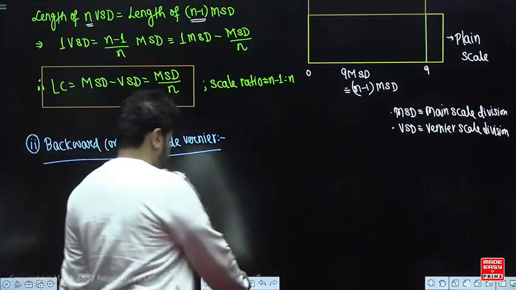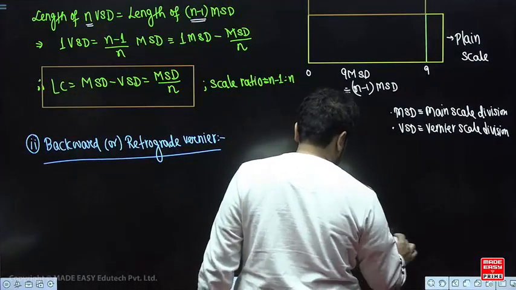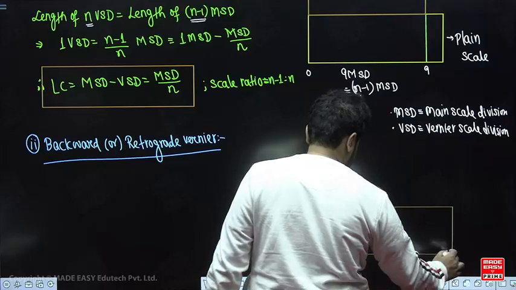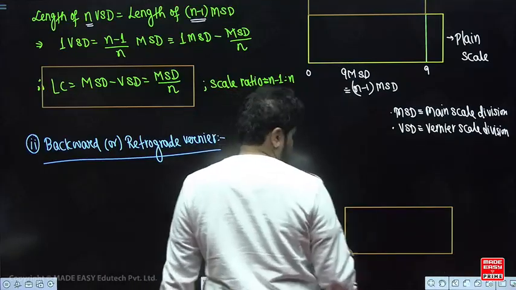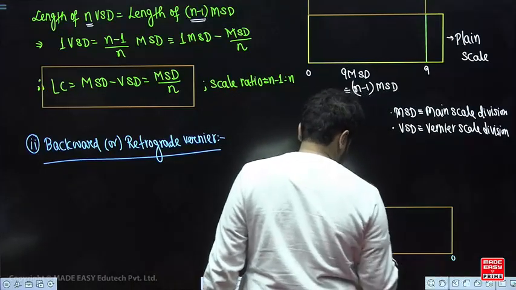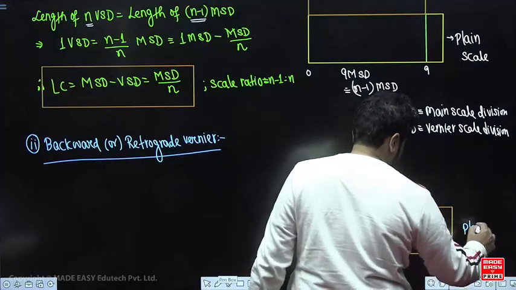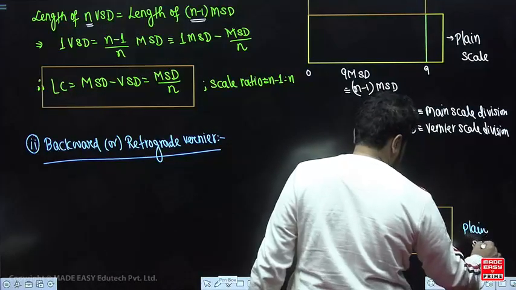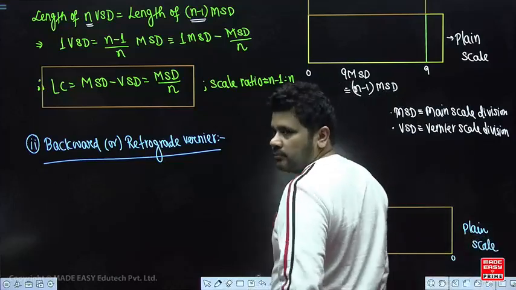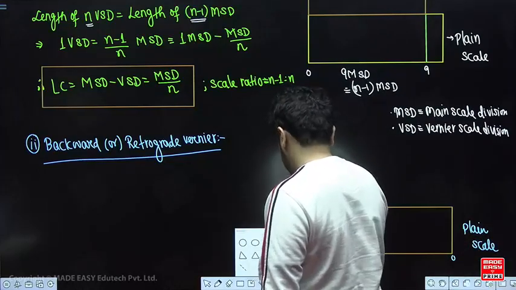Backward and retrograde vernier, what is this? Say this is 0, 10. This is your plain scale.